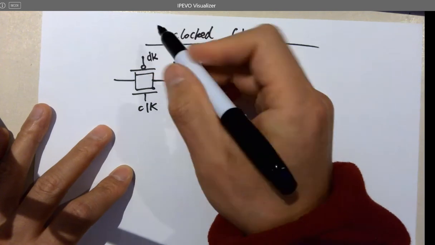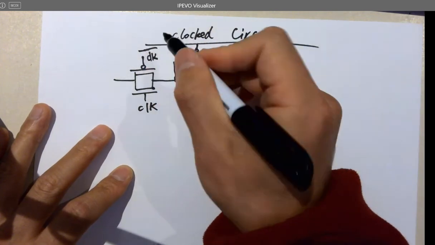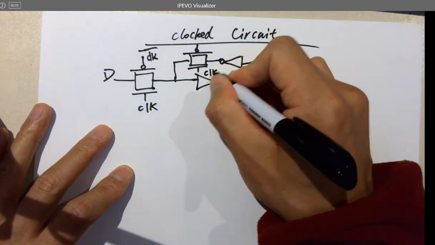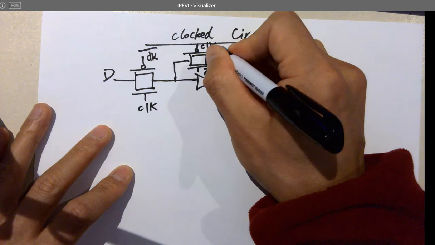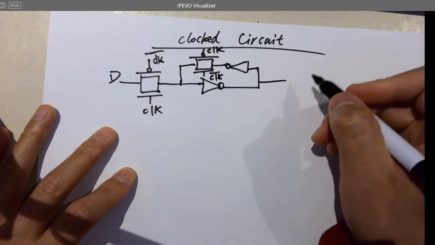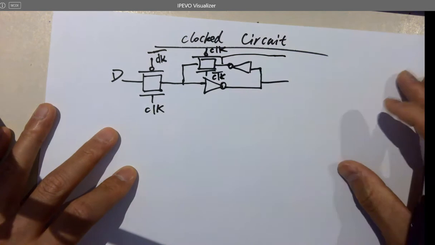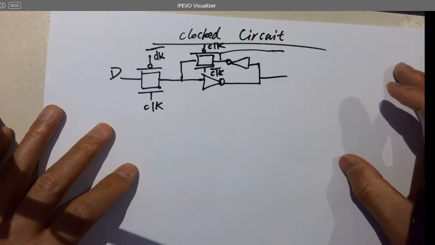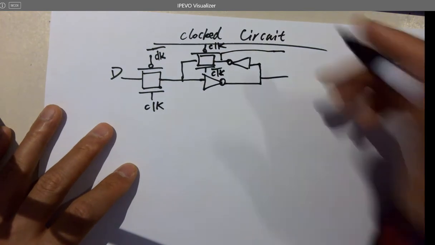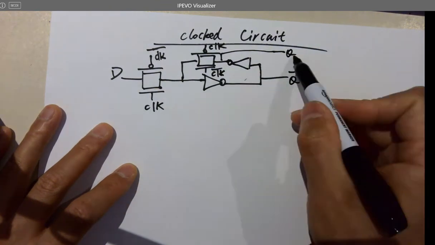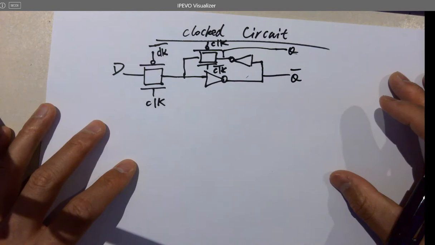Okay, a very quick review on this. That's a clock bar. It's D, clock bar, clock. Which is Q, which is Q bar? It's being inverted twice, right? That's Q, this is Q bar. All right, so this is level trigger.